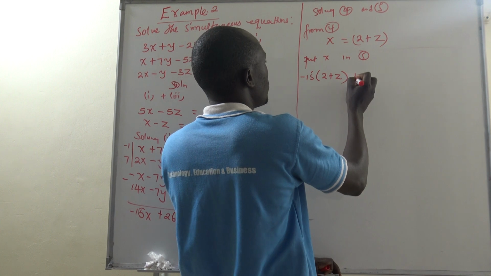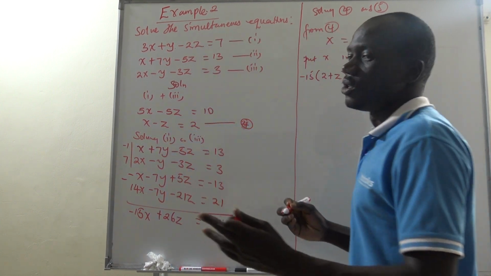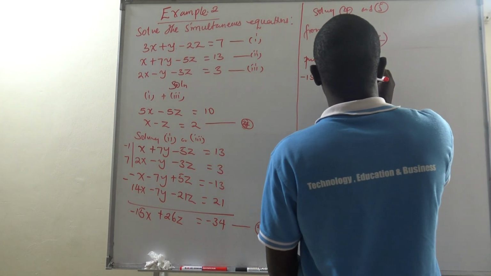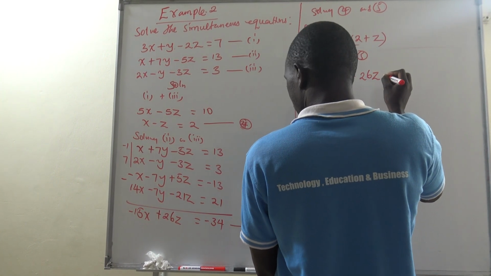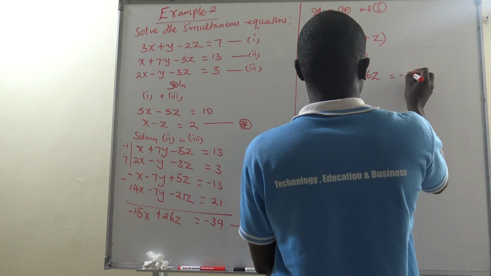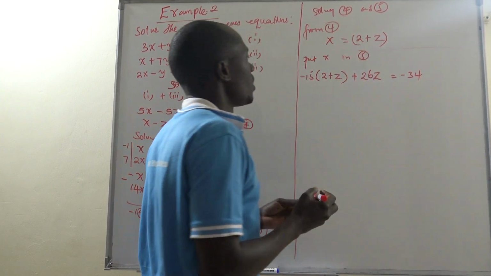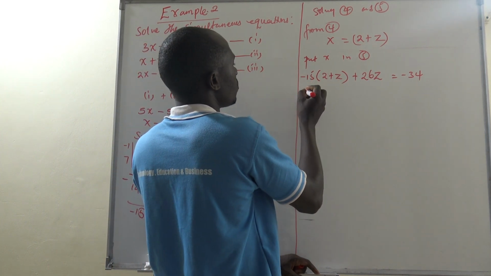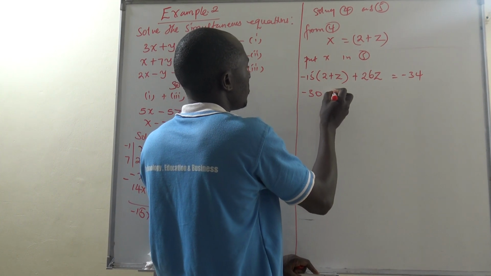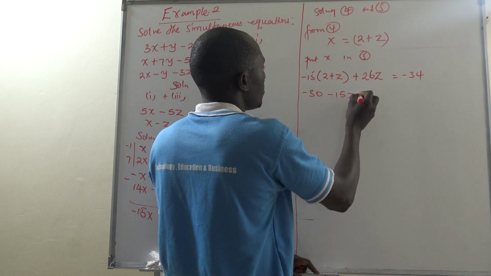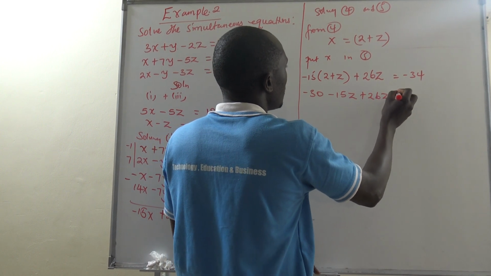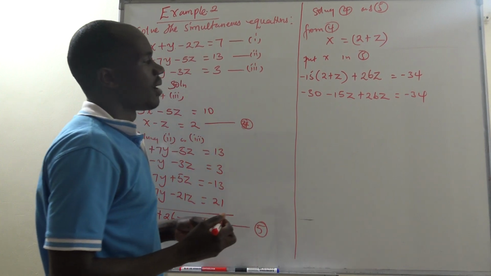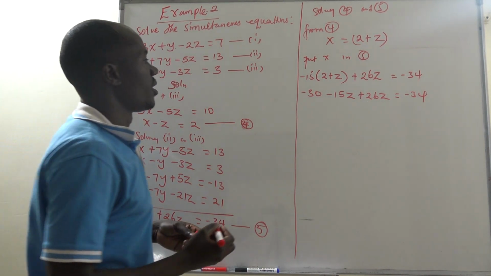That's why I said that they work hand in hand. Elimination works hand in hand with substitution. Plus 26z = -34. So can we open the brackets and collect like terms? -15 times 2 gets -30, -15z + 26z = -34. So we collect like terms and rearrange.